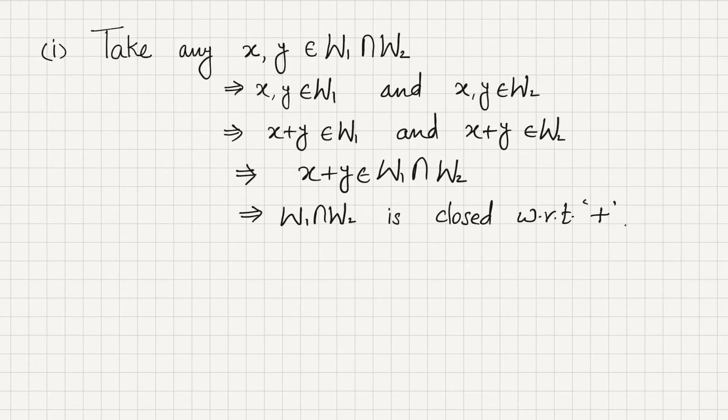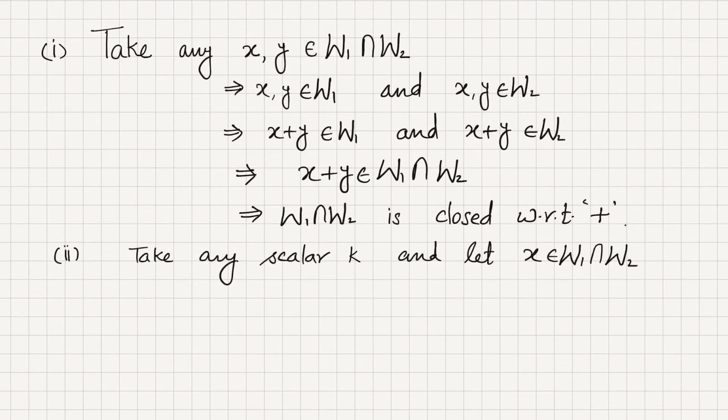Now the second property: we will show that W1 intersection W2 is closed with respect to scalar multiplication. Again, take any element x in the intersection. Because W1 and W2 are subspaces, x is in W1 and x will also be in W2. If k is any scalar, then kx will be in W1 and kx also will be in W2.